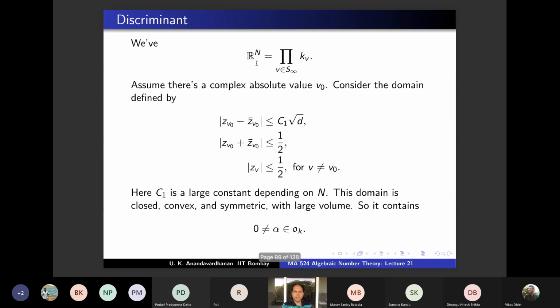So this is our region, all of them are bounded, all these places by half, and otherwise C1 root D. C1 is a large constant depending only on n, and root D is coming, D is the potential discriminant. D is finally the discriminant. D is a given number which we would like to be the discriminant. So this bound is a bound depending only on n and D.